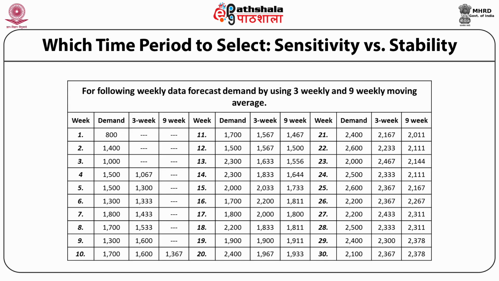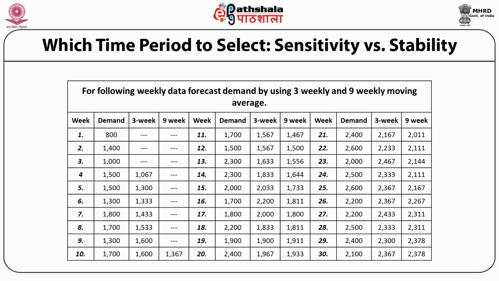The 10th week demand came out to be 1367 units. The 11th week demand by using 9 weekly simple moving average came out to be 1467 units. The process was repeated and the demand for all the weeks by using 9 weekly past data have been calculated.